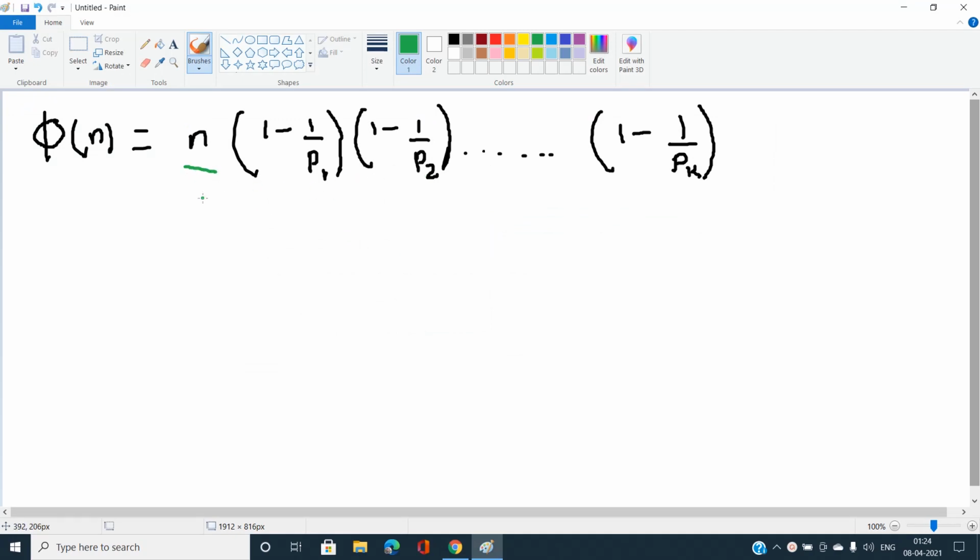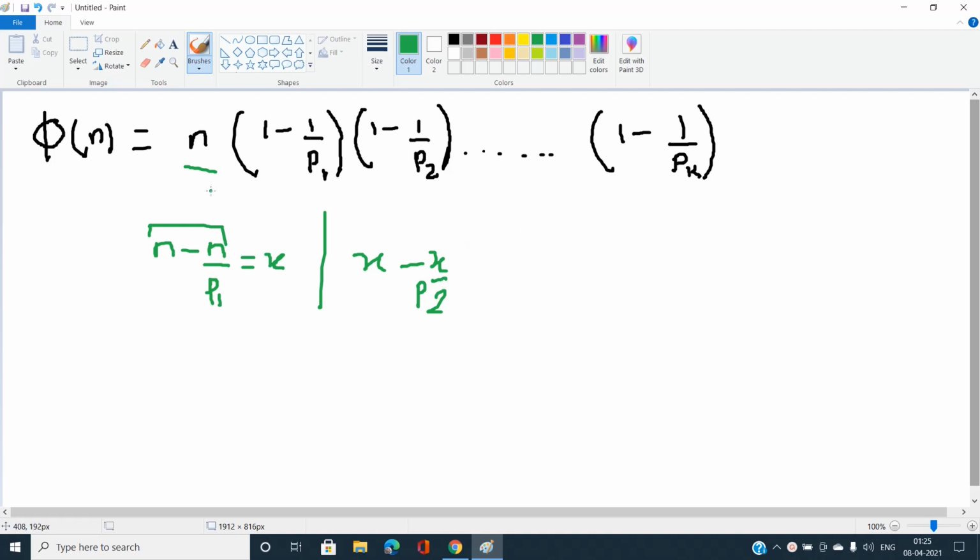After getting a particular prime factor, my value should change to n minus n upon p1, and this value always comes out to be an integer, because n by p1 is an integer and n minus some integer will always be an integer. Let's say it is x, then when I encounter p2 as a prime factor, my value will change to x minus x upon p2, and similarly up to pk.